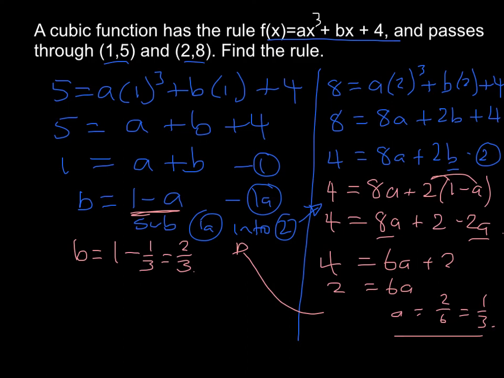Nice green. So the rule is going to be f(x) equals ax³, a is a third, so it's going to be a third x³, plus bx, b is equal to 2/3, 2/3 of x plus 4.